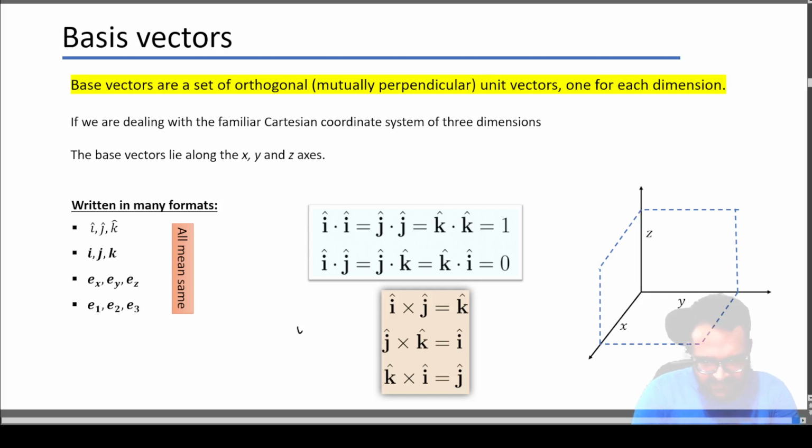So if you have I here, j there, and k here, there you have a circular permutation. I cross j gives you k, j cross k gives you I, k cross I gives you j. The whole thing is circular permutation. To reverse the direction, you will get a minus.